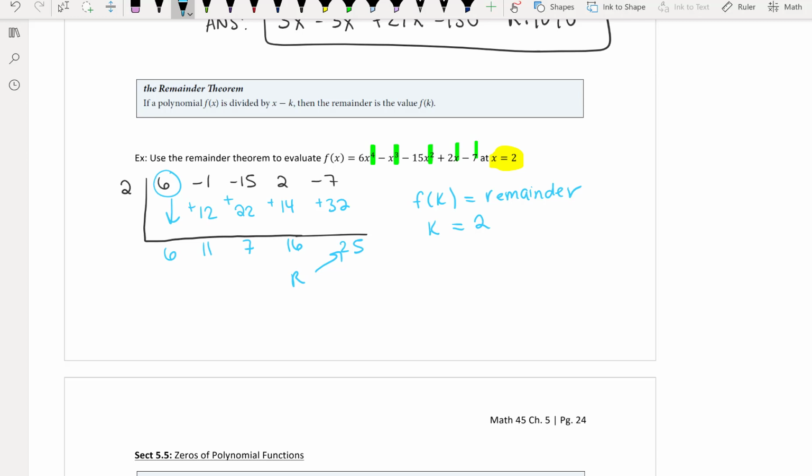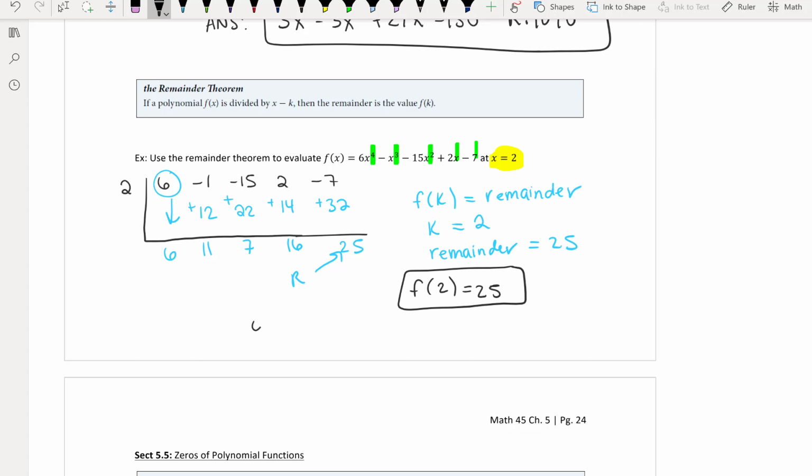That's what it's saying. And I also have that my remainder is equal to 25. So this is specifically saying that f of 2 is equal to 25. That means if I plug 2 into my x value, I will get out 25.